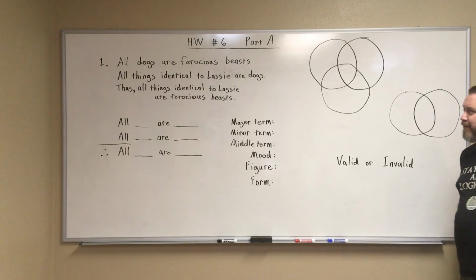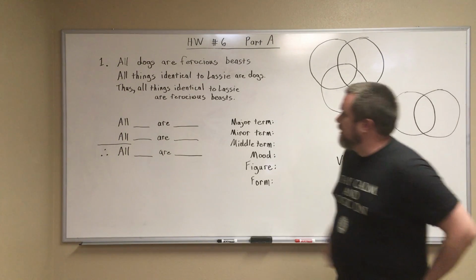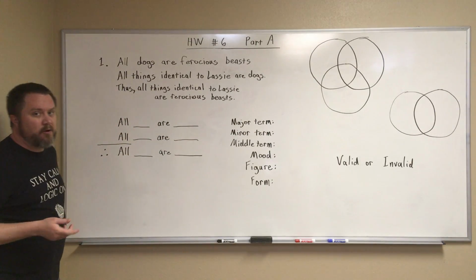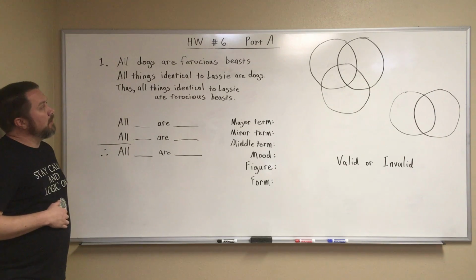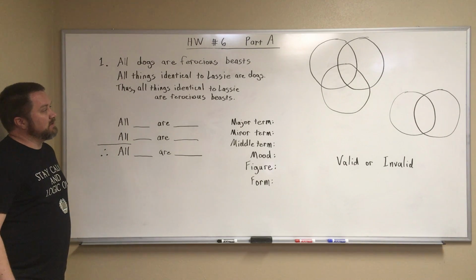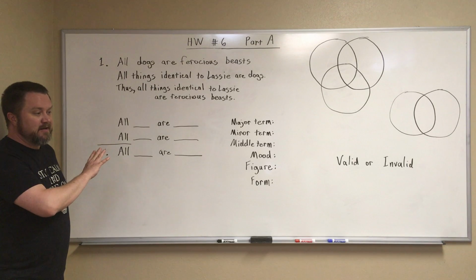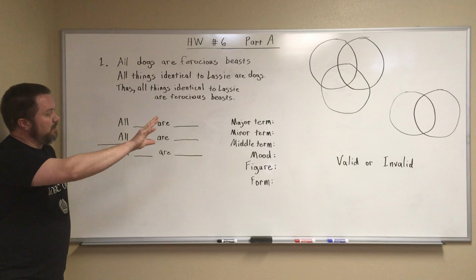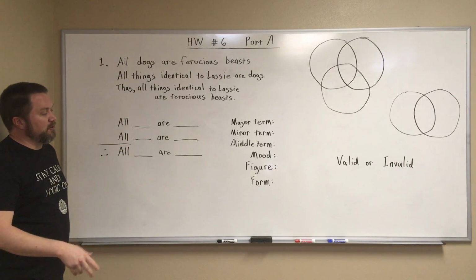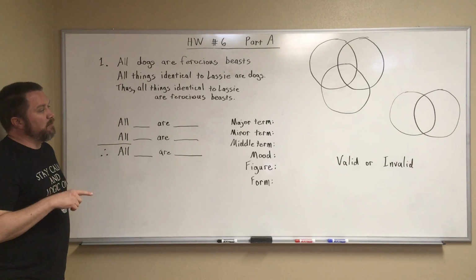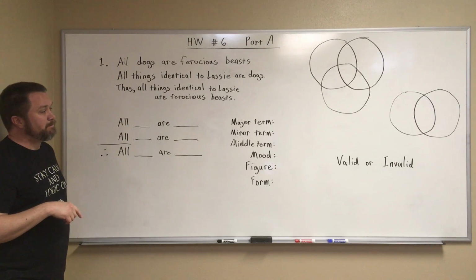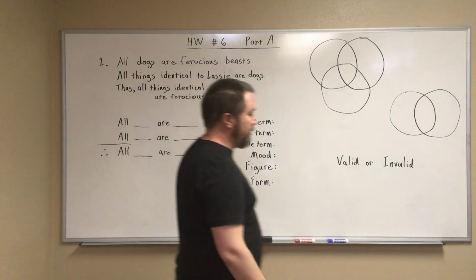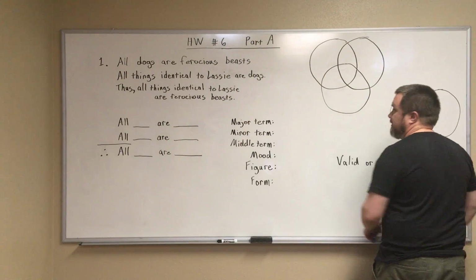Seems like a long time ago, but first one I want to start off with, I'm going to do 4 different problems from homework 6 and subsequently homework 7, but I'm just going to take some of the first few problems, go all the way through the Venn diagrams, identifying the terms in the form, establishing validity, and the whole bit. So let's get started.